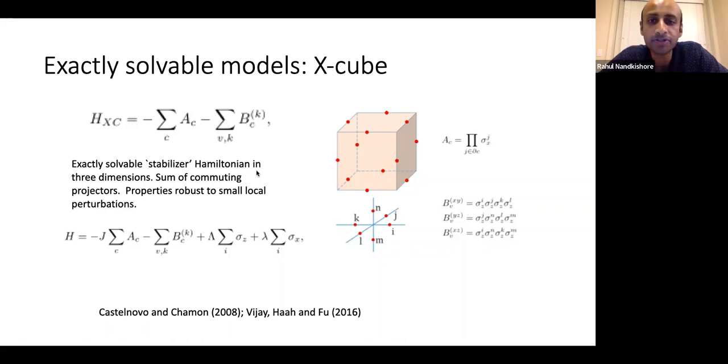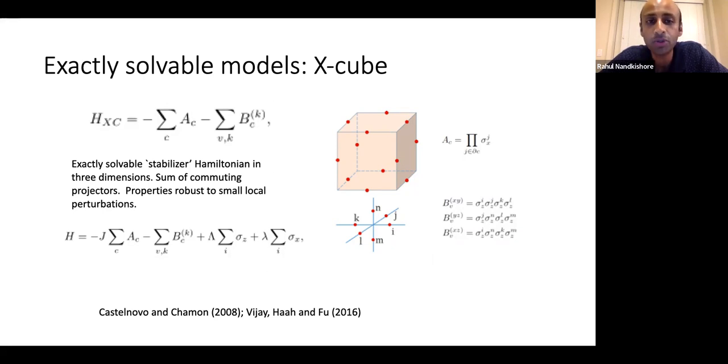And for the B operators, you pick a vertex, you pick a plane, either XY or XZ or YZ, and you take the 4 links that connect to that vertex and are in that plane, and you take the product of the 4 Z operators on those links, and that makes the B's.